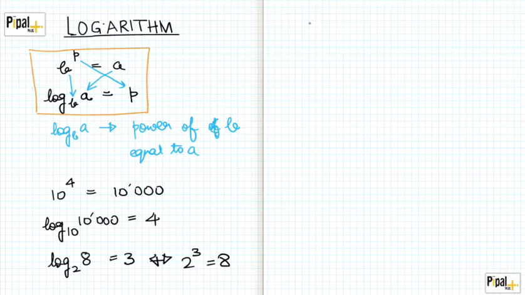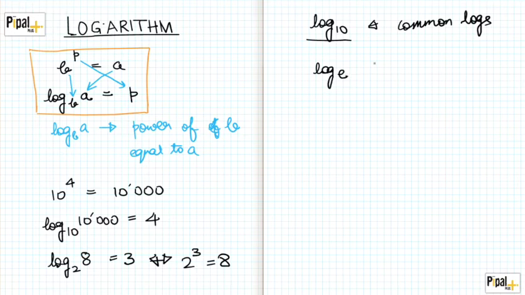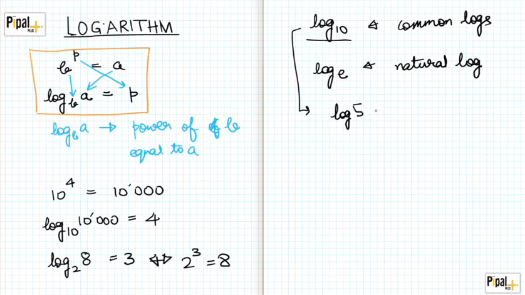This is how you can shift between one form and the other. Now anything to the base 10 is called common logarithms, or common logs, and anything to the base e is called the natural log. So in case a question contains something in the form log of 5, if there is nothing given in the base, you can assume that this is log base 10 of 5.